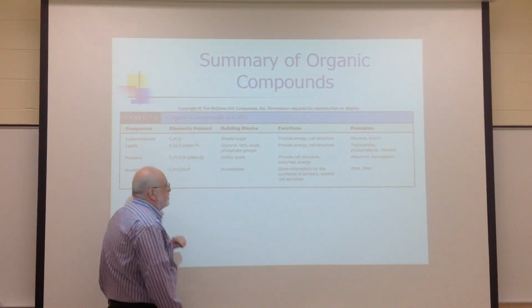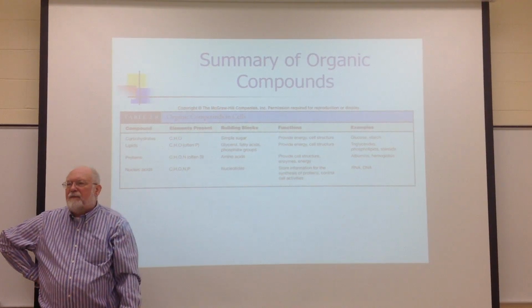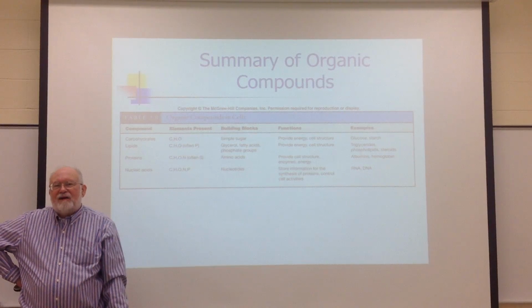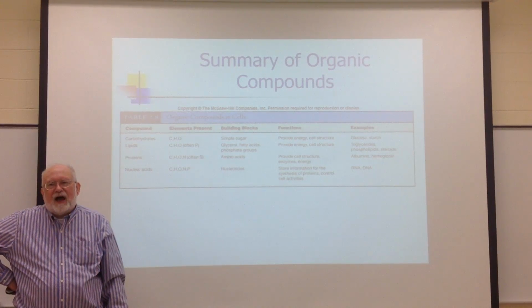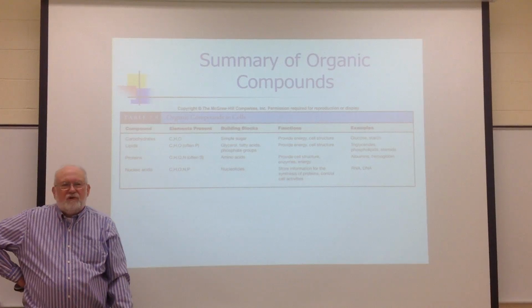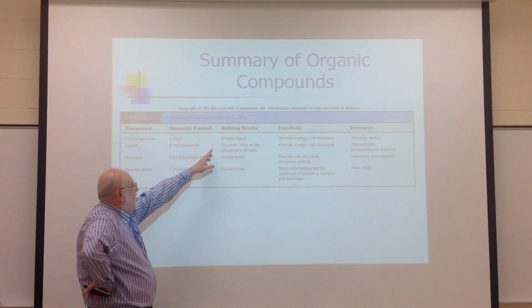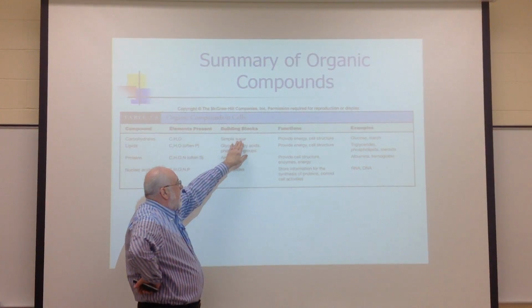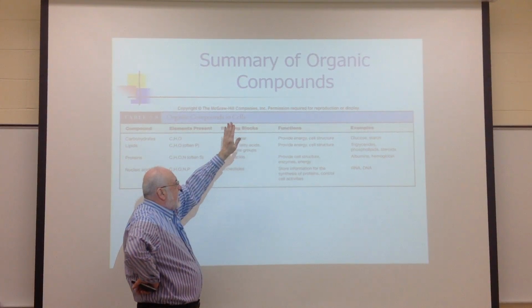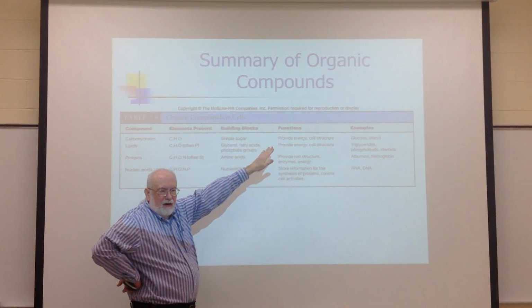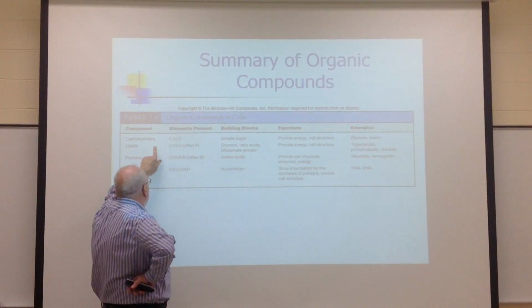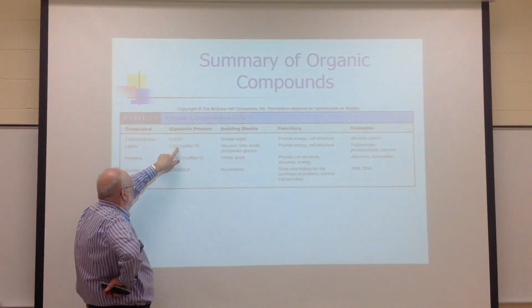All right, so carbohydrates. Carbon, hydrogen, oxygen. What else can we say about that? What's the hydrogen-oxygen ratio in a carbohydrate? 2 to 1. Simple sugars, disaccharides, polysaccharides, right? Remember those? All right. Lipids. Carbon, hydrogen, oxygen.